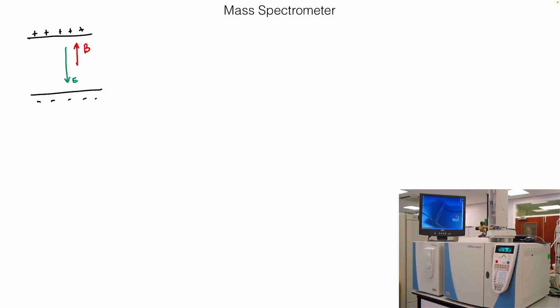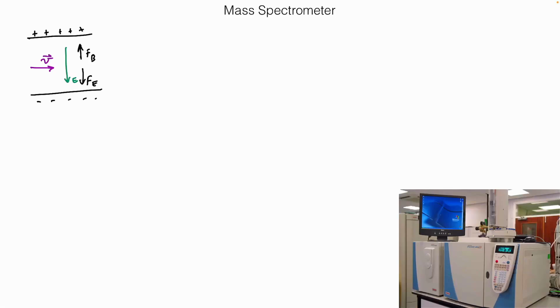So if our charge is moving to the right, we want the force magnetic to be up. We know the force electric is down.